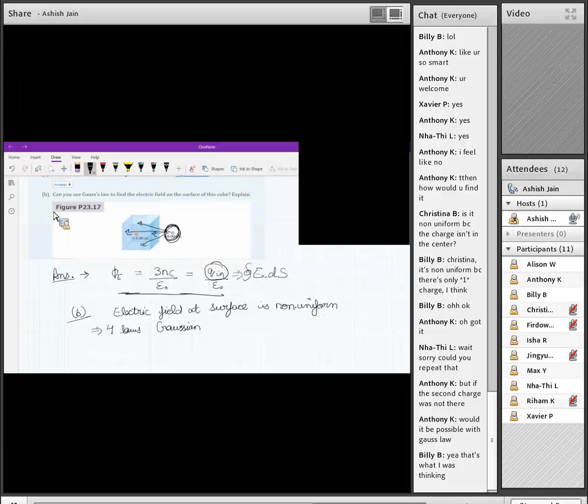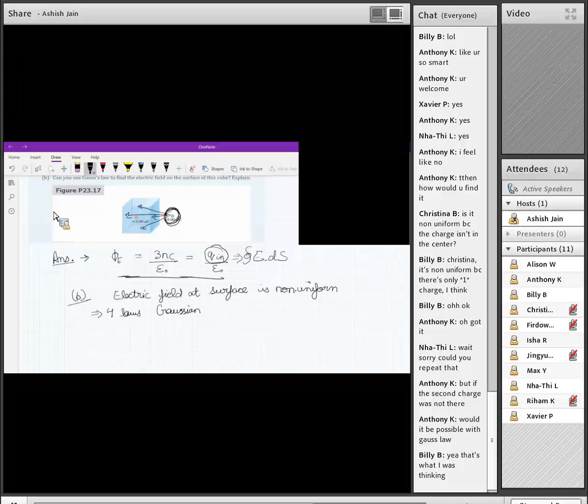Gauss law cannot be used, and what can be used is Coulomb's law. You can use k_e Q by r squared, then you consider r-hat, treat this as a vector, and then you sum the total electric field. E1 is due to 3 nanocoulomb and E2 is due to plus 8 nanocoulomb.